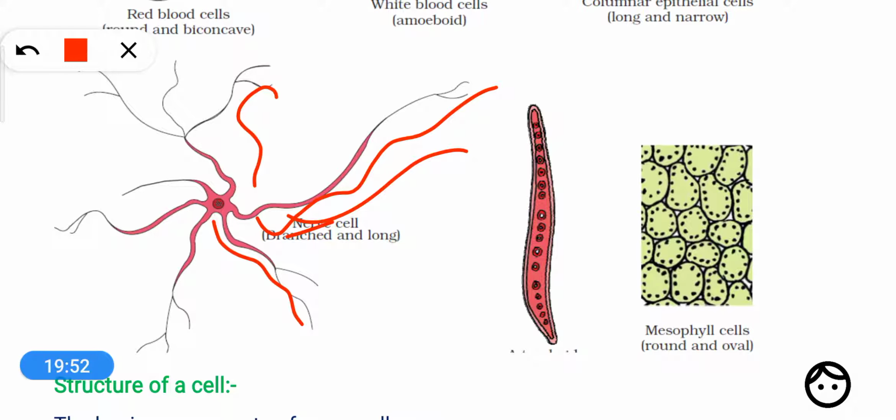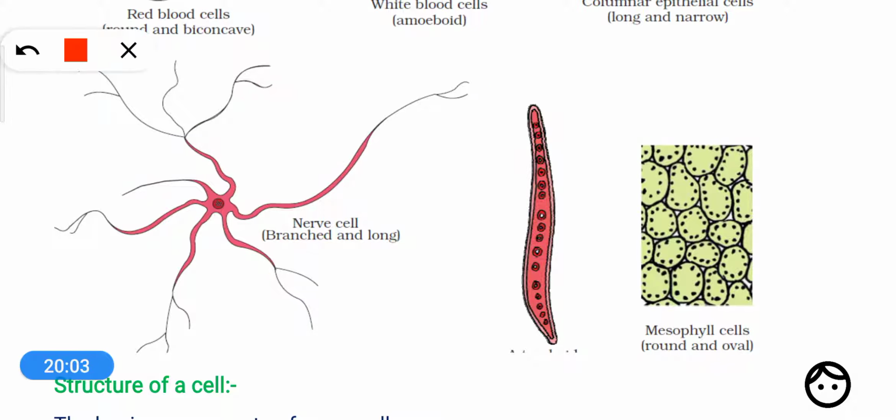Because they have to perform a function like a cable. Their function is to transport information from one place to another place in the body. Because they have to perform a cable-like function, carrying information from one place to another, they have a long thread-like shape, right?